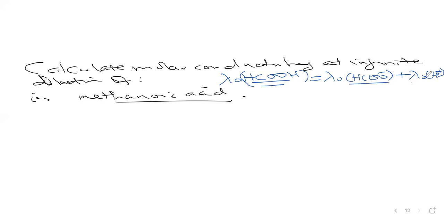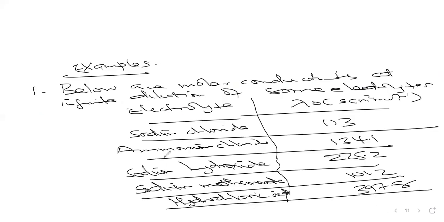So you have to play around with the values that you're given and see where you get the methanoate ion and hydrogen ion from. The equation I will use here will be molar conductivity at infinite dilution of methanoic acid will equal to the molar conductivity at infinite dilution of what? When I look at my values here, methanoic acid is not given anywhere, but I can get it from sodium methanoate.